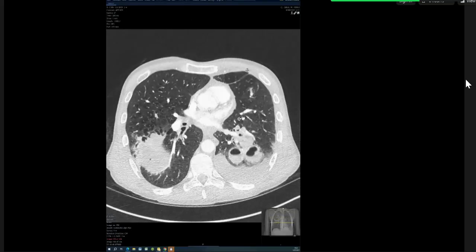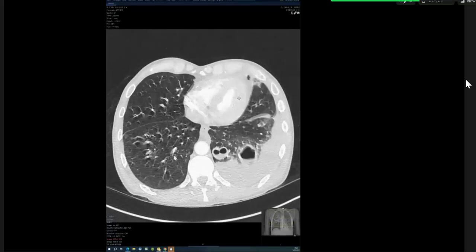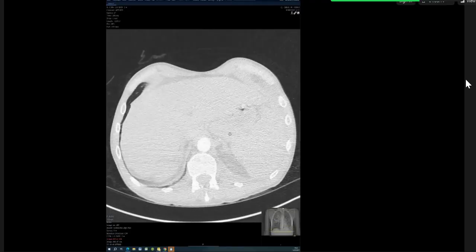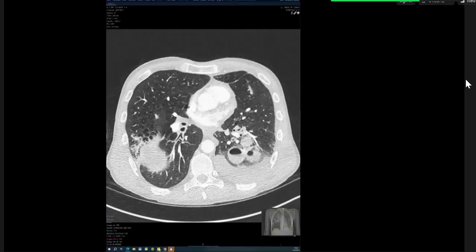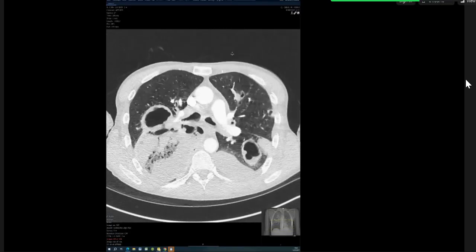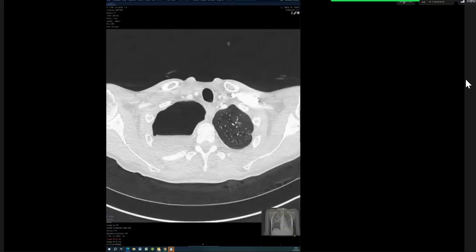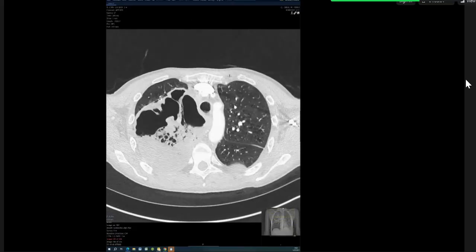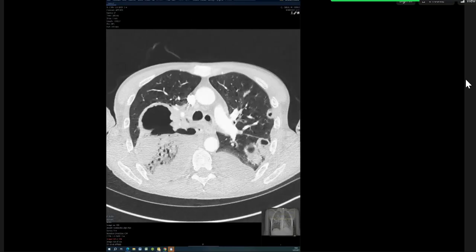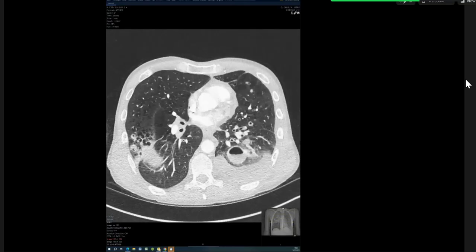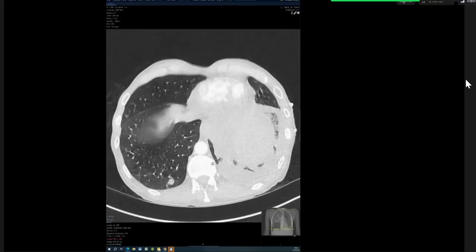This is a large lesion with a fluid component and cavitation within, with a corresponding cavitary lesion in the region of the left lung. The large lesion is the one that was discovered in the right hemithorax on the X-ray.